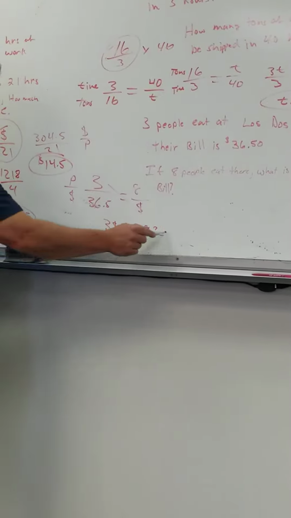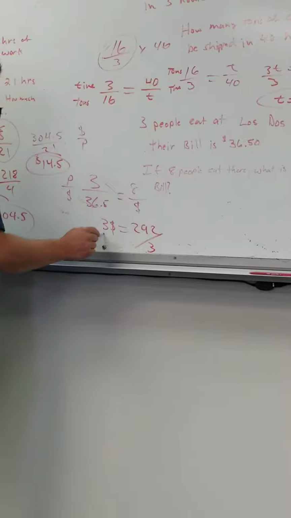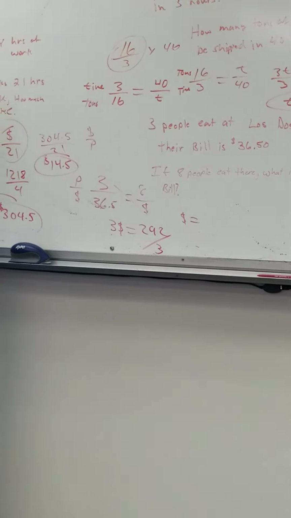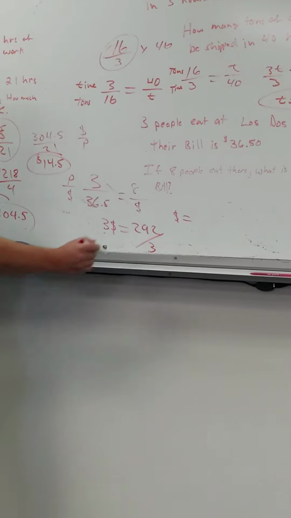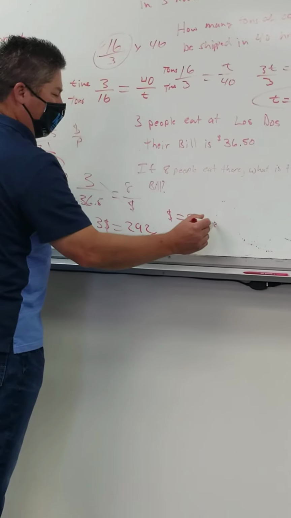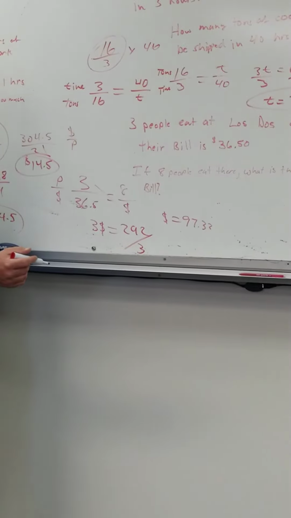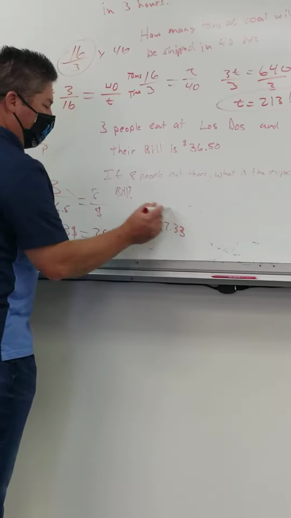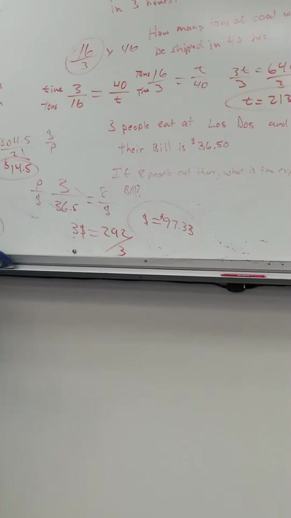Okay, divide by what? Not 8, 3. Divide by 3. What's my bill going to be for 8 people? 97 point what? 32 or 33? What do I round it to? 33. Okay, so $97.33. That's how much it's going to cost for 8 people to eat.